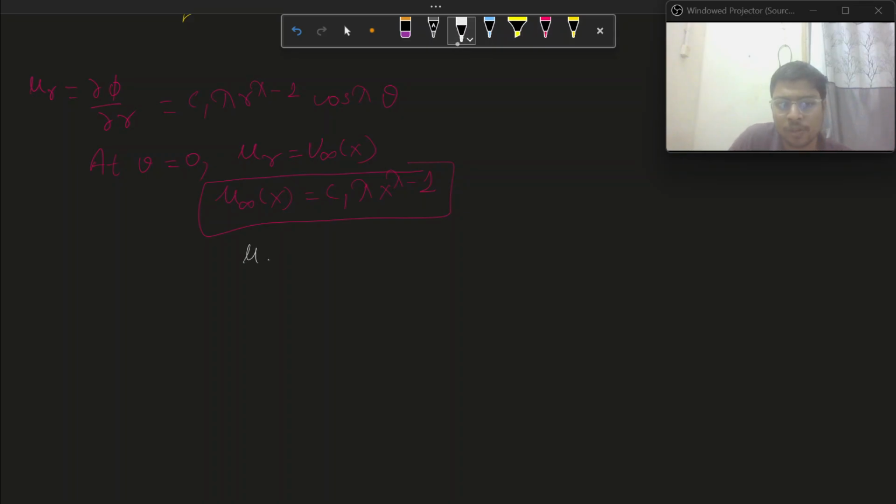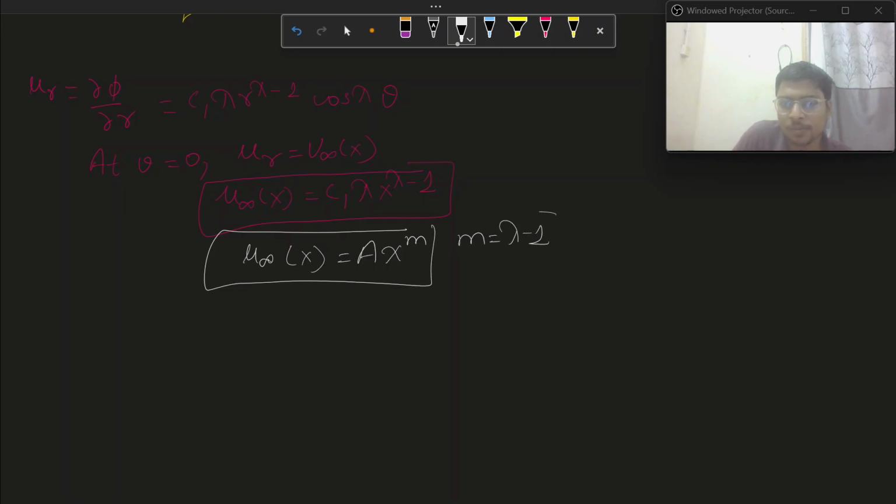And u_infinity of x equals a x to the power m, where m is equal to λ minus 1.